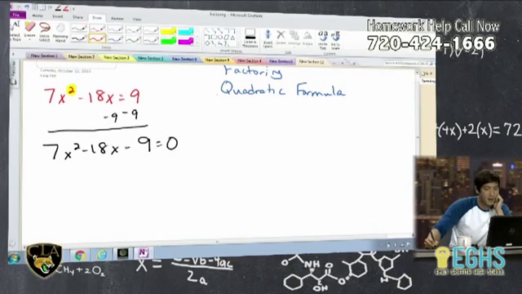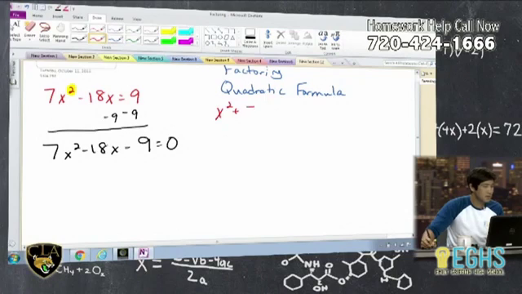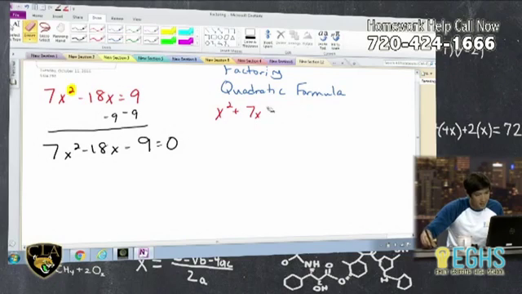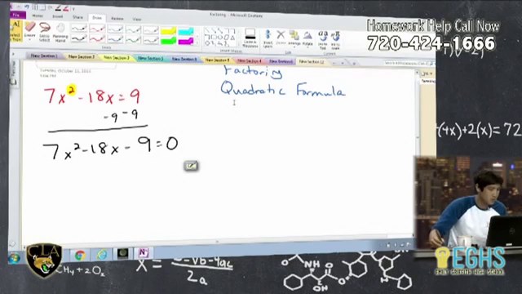I always taught it as if you're looking for something like x squared plus 7x plus 21, then we would just do what are the factors of 21 that add up to 7, right? The way I always taught it was what are the factors of A times C that add up to B? And then setting up a table like that, and I felt like that pretty much always worked, if it was factorable. It's a lot like factoring by parts when you do the A times the C. I think I just don't know what they're called.